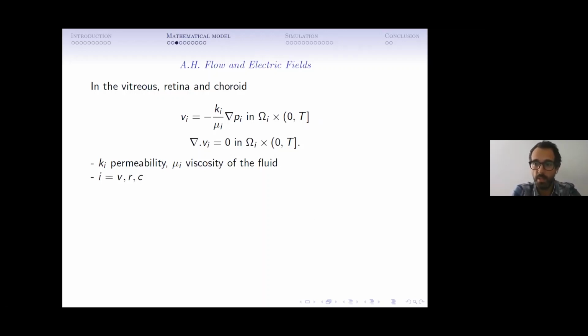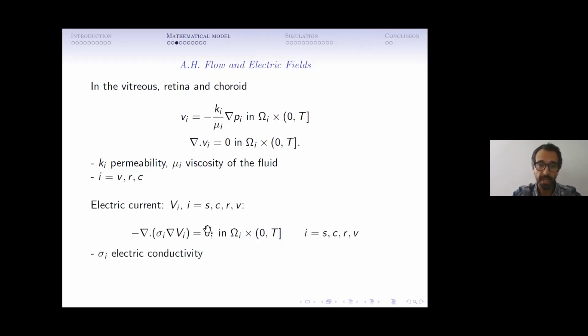This is the Darcy law, and we consider that the flow is incompressible. We define this last equation to compute the electric current to create the electric fields, where sigma is the electric conductivity. In the top, we need to consider the permeability of the tissue and the viscosity of the fluid.